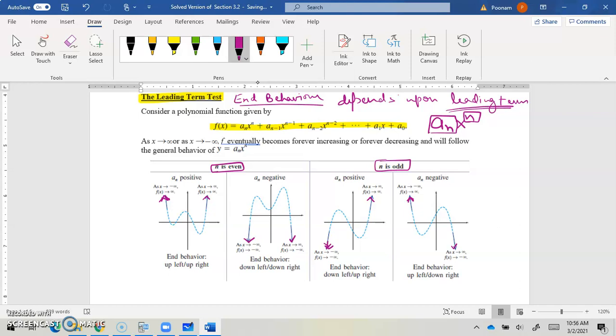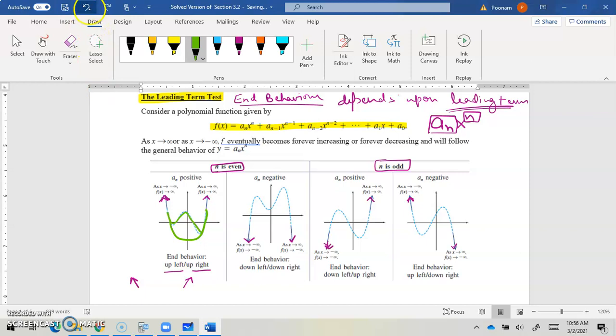So if n is even, the degree is even, and the leading coefficient is positive, the graph goes up on the left and up on the right. In between, what happens, we are not really sure. It can be like this, or it can be like this, or something like that, right?